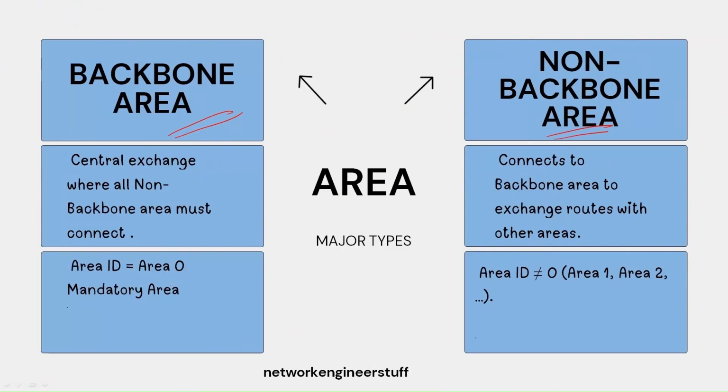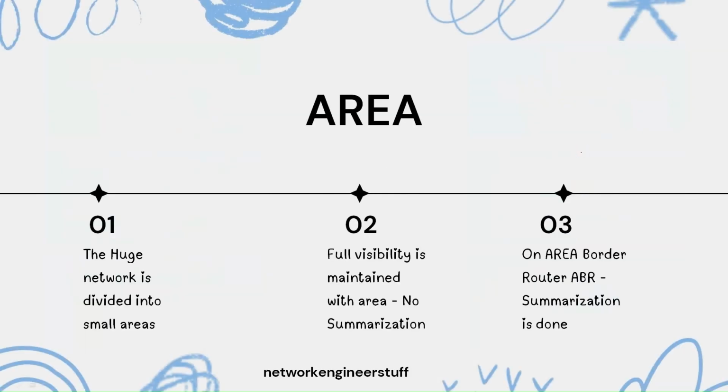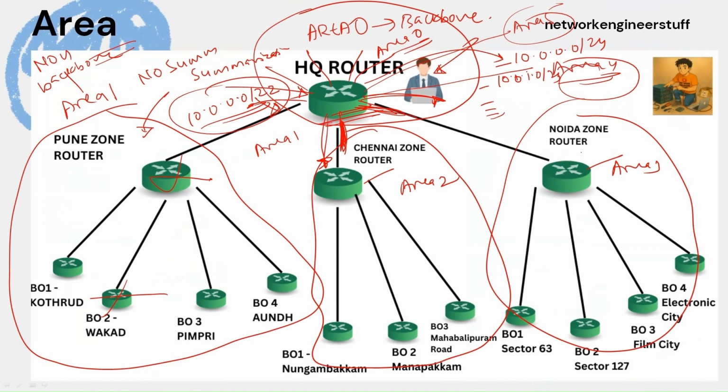So that is what I have mentioned over here, area 0 and area non-zero. Area 0 acts as a central exchange where all the non-backbone areas must connect, and of course non-backbone areas get connected to the backbone area.